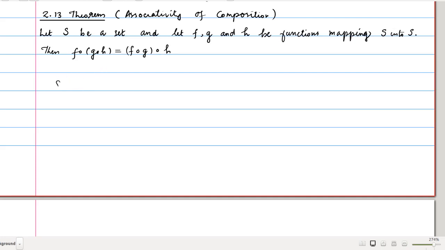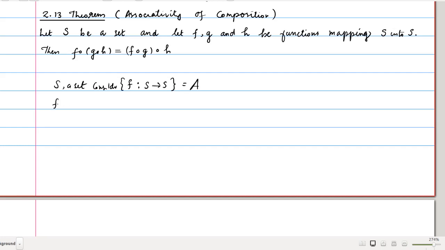That means if you have a set S and consider the set of all functions f from S to S, where capital S is a set and f is a function from S to S, we can denote this set by capital A.